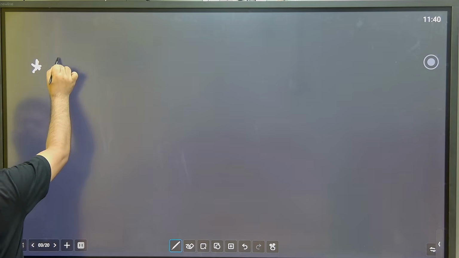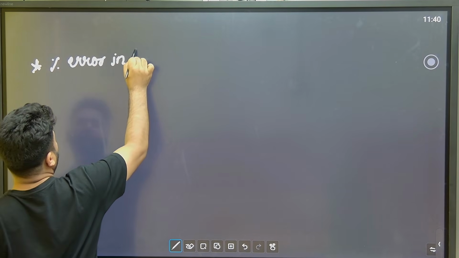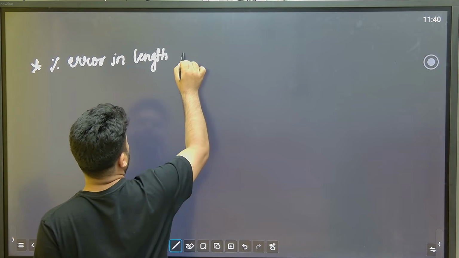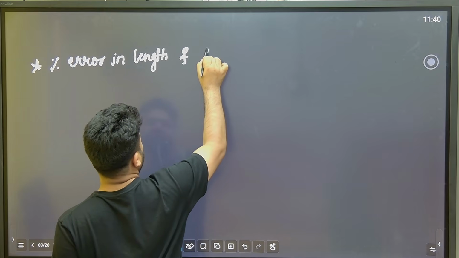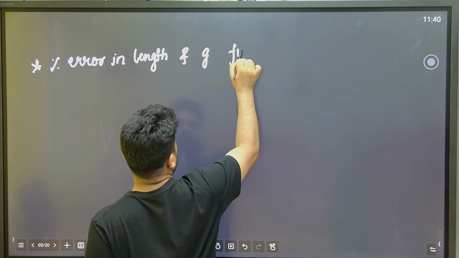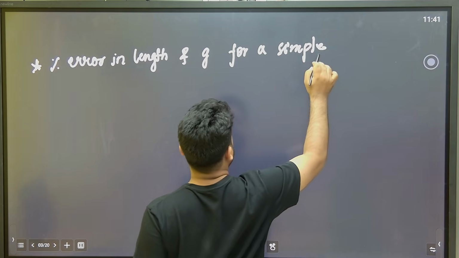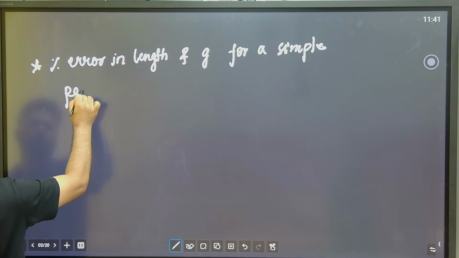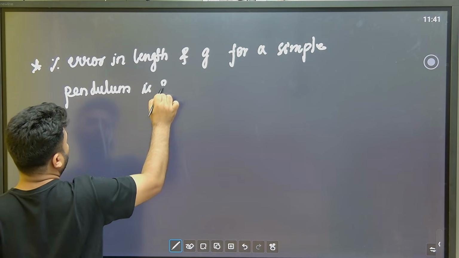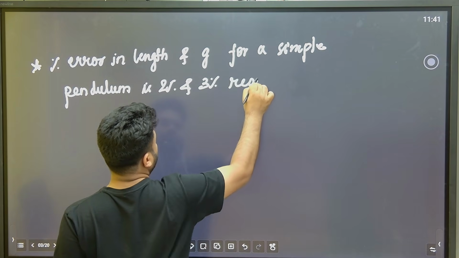Question they have given: percentage error in length and G for a simple pendulum is 2% and 3% respectively.